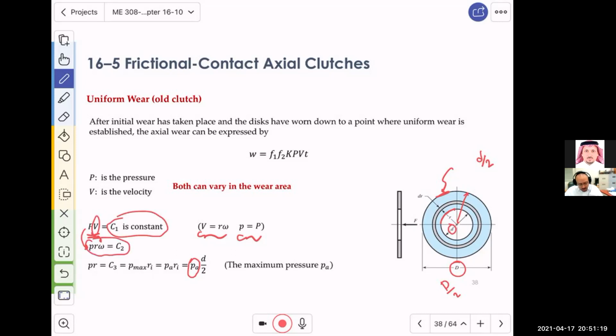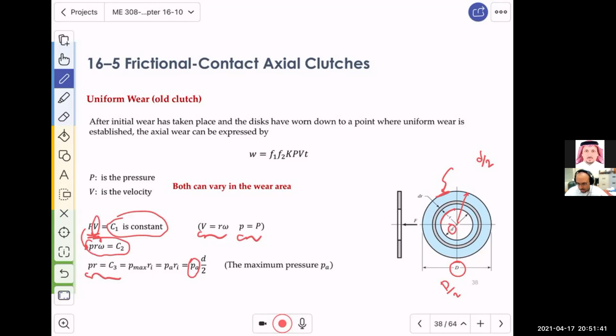And then we know that omega is constant for the entire disk. So if we divide by omega, we will have a different expression, which is pr, and we call that a new constant C3. Now, we're interested in the maximum pressure because this is where we want to know what is the force to produce that maximum pressure.